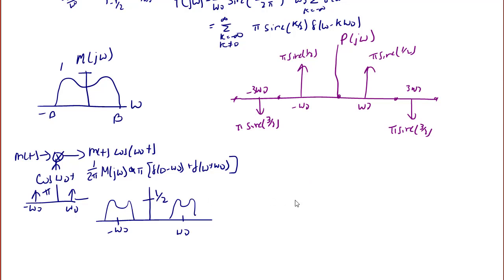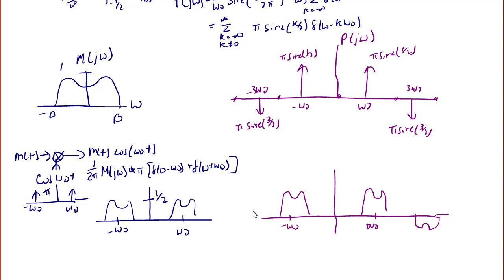So now the output of my radio transmission system would look like the following. I will have the message copy at omega naught and negative omega naught like before, but I'm also going to have a copy at negative 3 omega naught and 3 omega naught, and the amplitudes are going to be scaled.